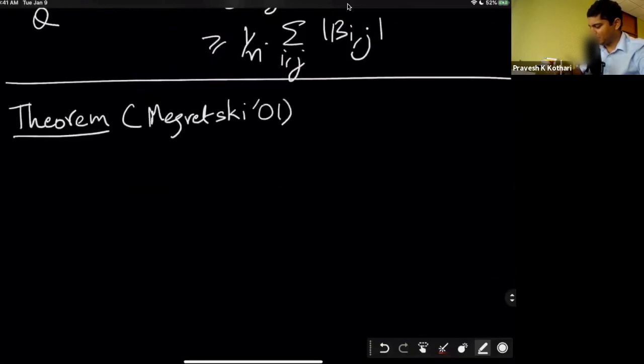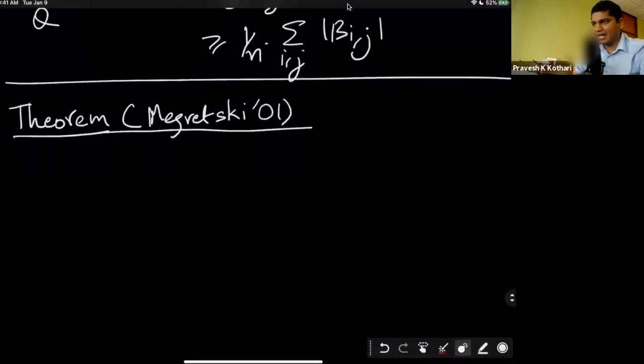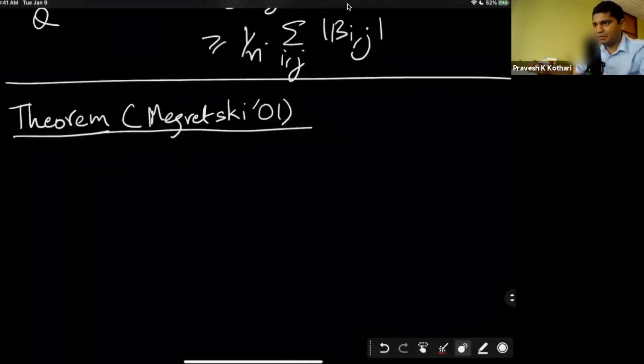So, I told you in the first lecture that sum of squares and the associated SDPs were actually invented in multiple fields from slightly different perspectives. And it was not just that, many times the people working in these various fields were actually thinking about the same problem in disguise.